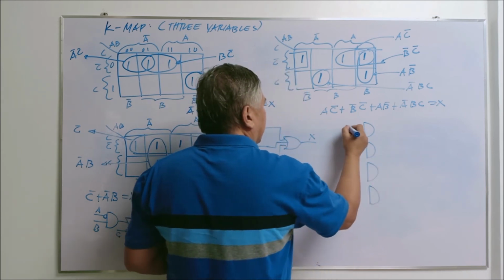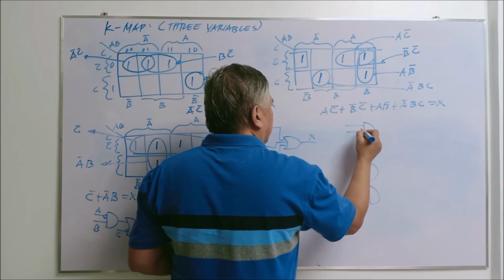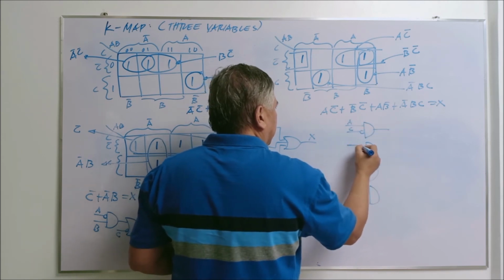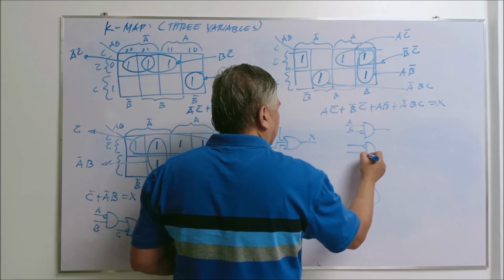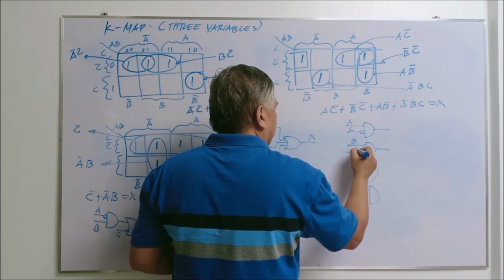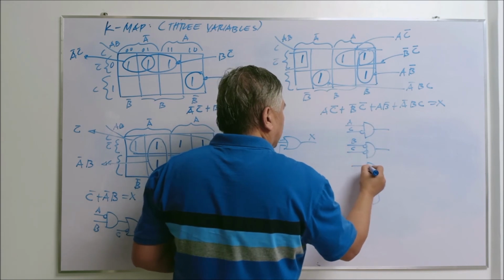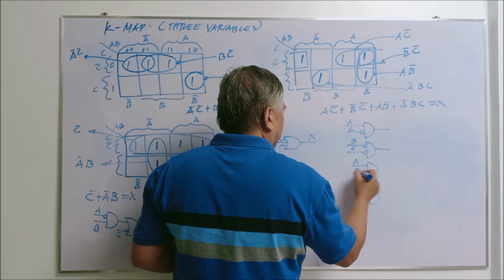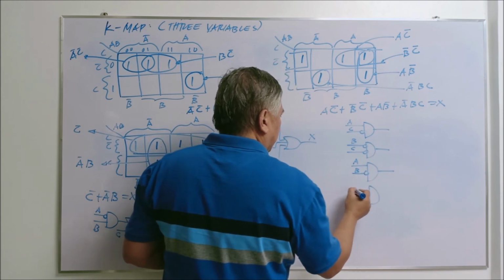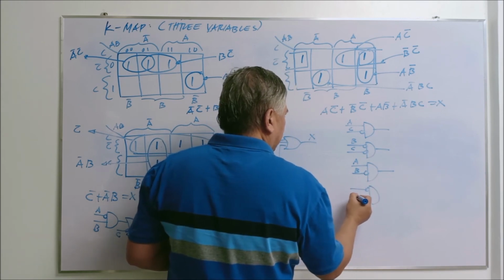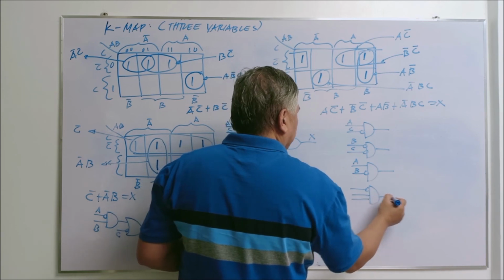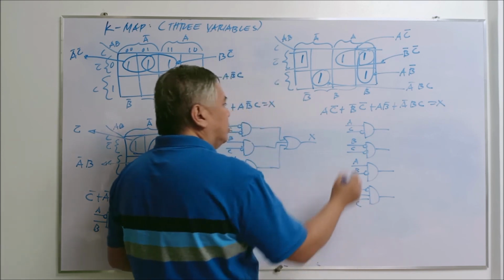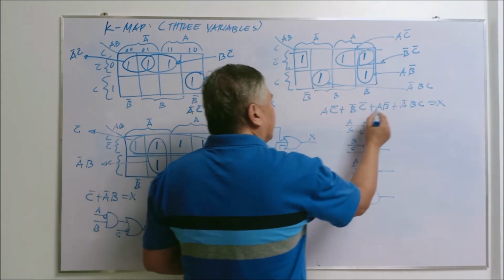Then you have A C bar, then B bar C bar, and then A B bar, then you have A bar B C, and these AND gates are being ORed together.